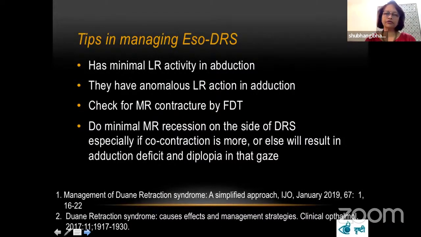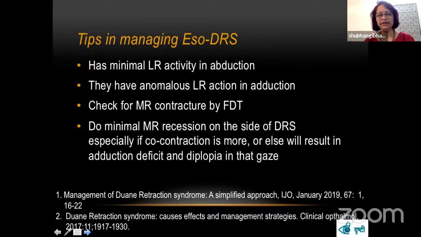Then coming to certain tips in managing ESO-DRS. ESO-DRS normally has minimal LR activity in abduction, and they have an anomalous LR action in adduction. One has to check for medial rectus contracture by doing an FDT as described by Jampolsky.